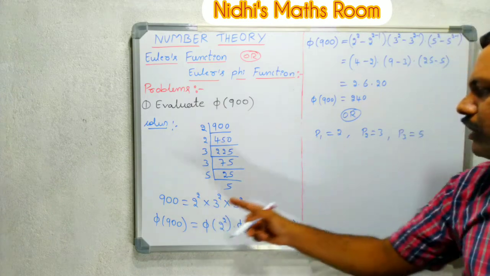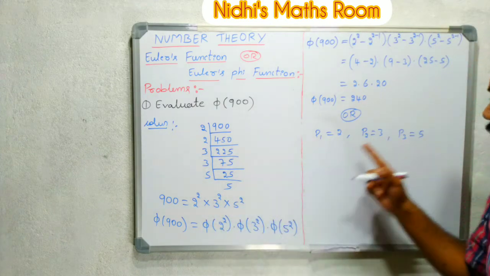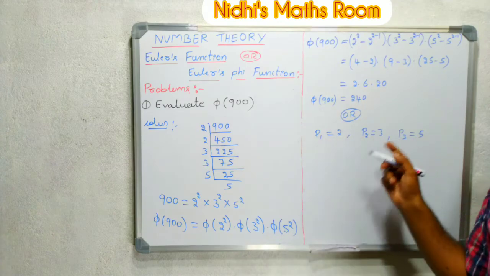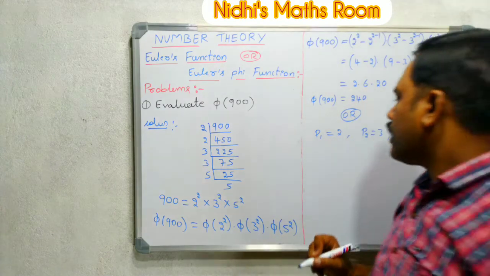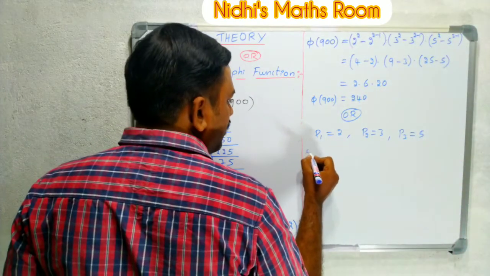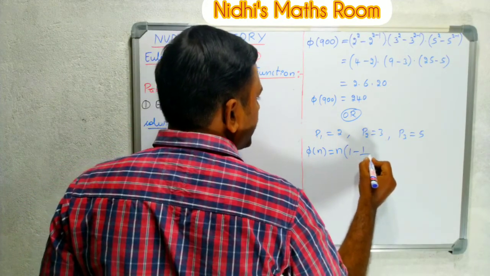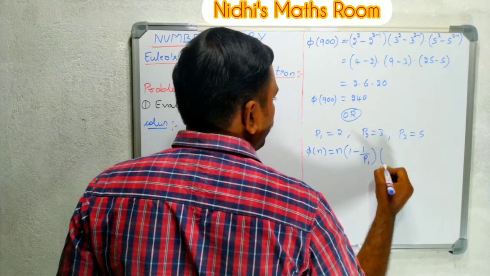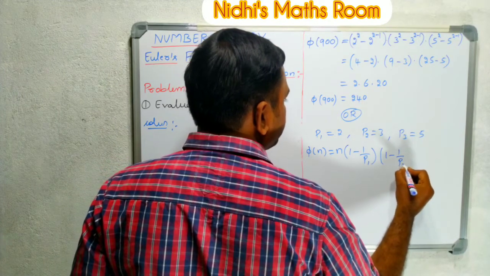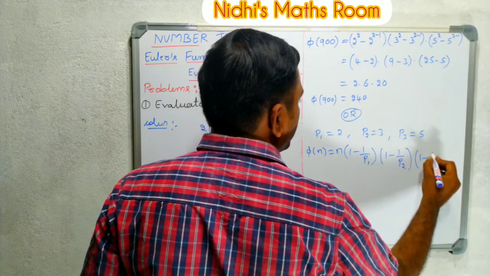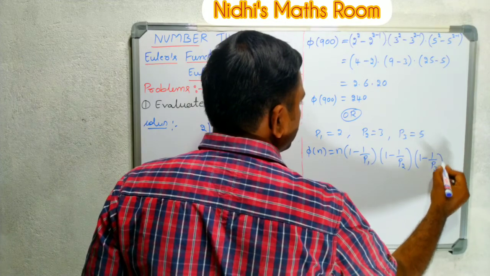So P1 is nothing but 2, P2 is nothing but 3, P3 is nothing but 5. So next I use the formula, that is phi of n is equal to n into 1 minus 1 divided by P1, 1 minus 1 divided by P2, 1 minus 1 divided by P3, so on.